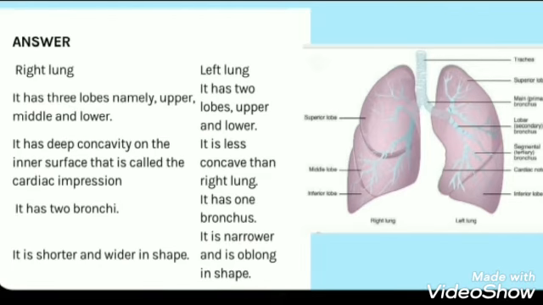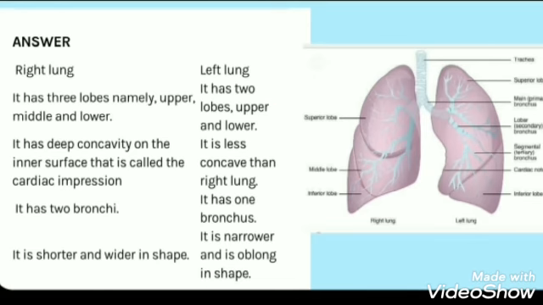They are divided by fissures. Sorry, it is not feature, it is fissure. The upper one is called the horizontal fissure because it is a bit horizontal, and the other is called the oblique fissure. So the right lung has 3 lobes, namely upper, middle and lower, divided by the horizontal fissure and the oblique fissure. Whereas the left lung has 2 lobes, only upper and lower.